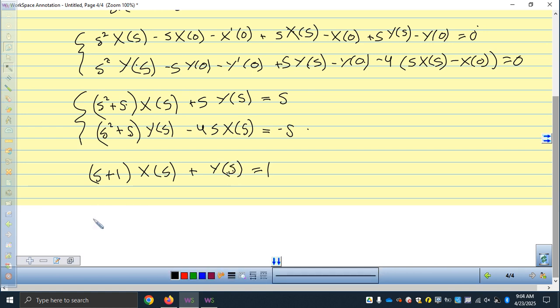And I get, for my second equation, minus 4 x of s plus s plus 1 y of s equals negative 1. So we do some algebra here.